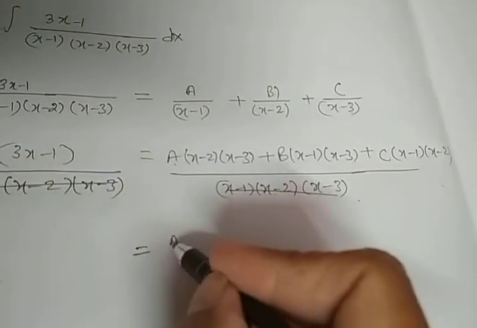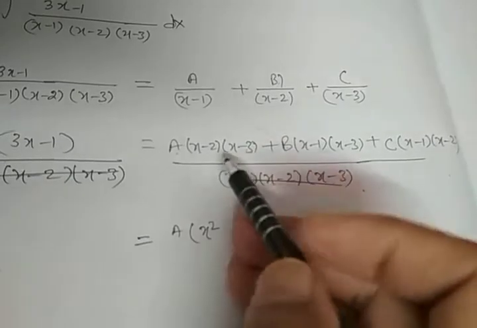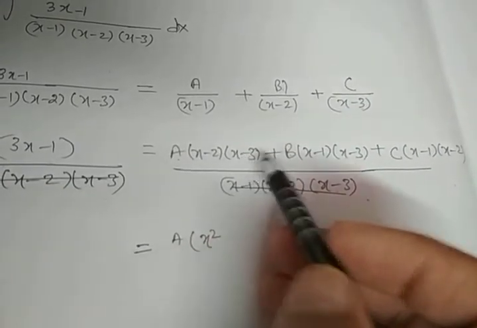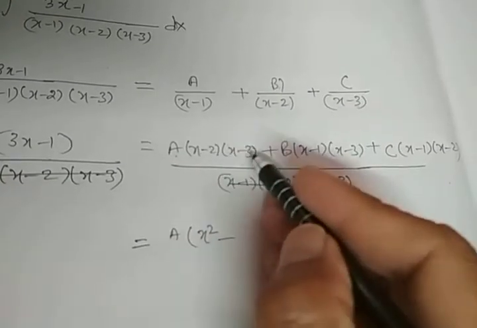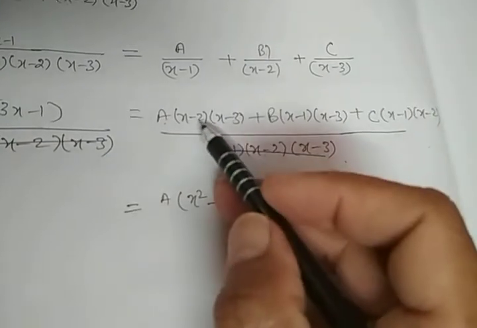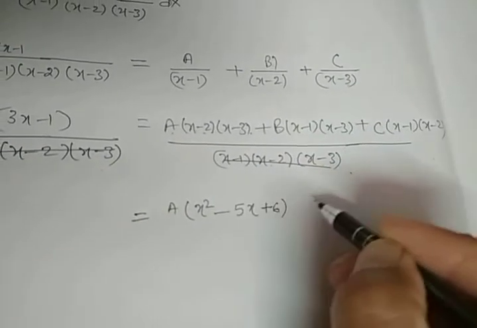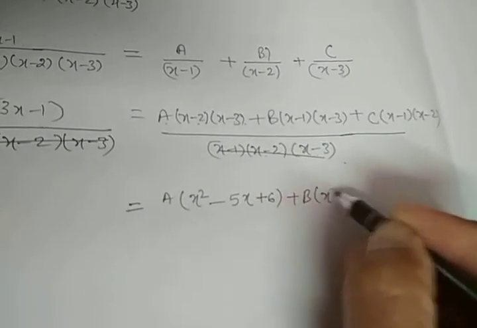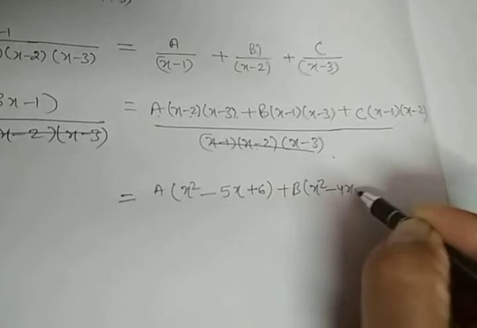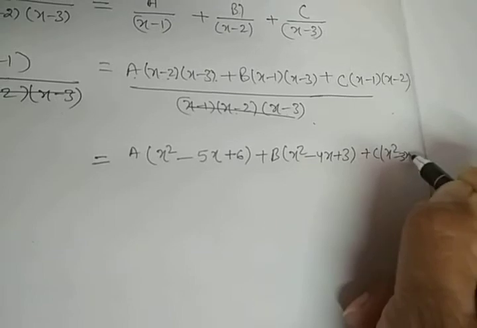Now A into (x minus 2)(x minus 3) we will multiply. So A into (x square minus 5x plus 6), plus B into (x square minus 4x plus 3), plus C into (x square minus 3x plus 2).